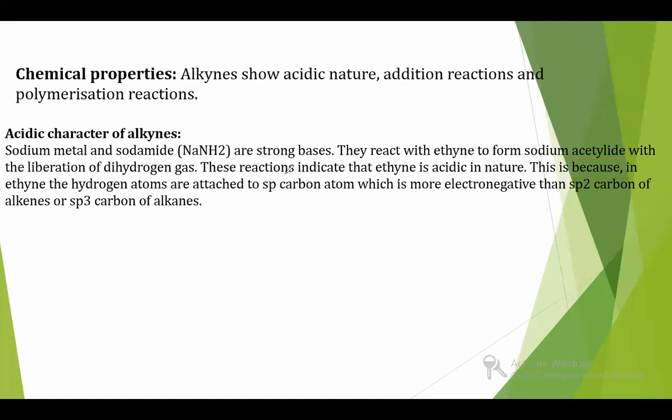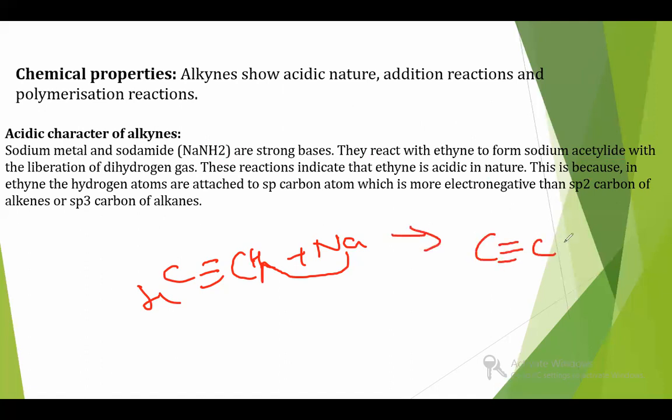So a carbon-carbon triple bonded alkyne treated with sodium in the presence of sodamide: the sodium attaches to this carbon, forming a carbon-carbon triple bond with sodium and one hydrogen.